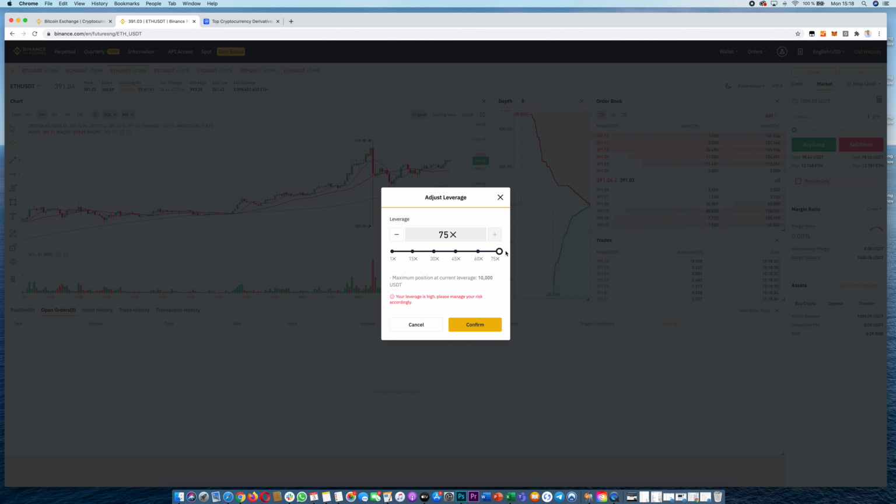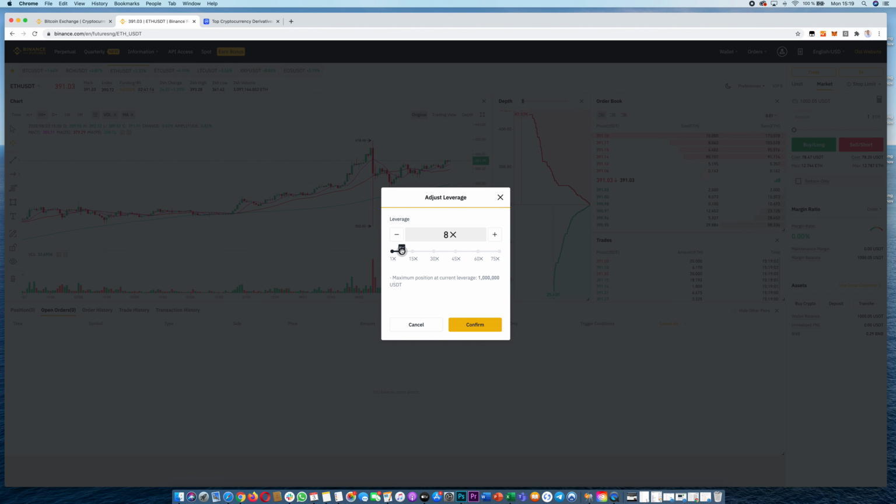So assuming you are going long here, if the price only drops by 1.45% or so, you will be liquidated, meaning you will lose all the money that you needed to open your position.